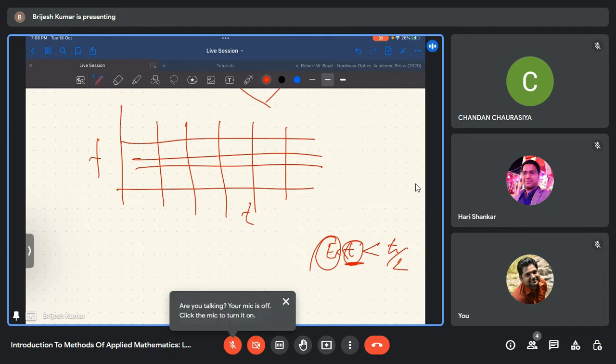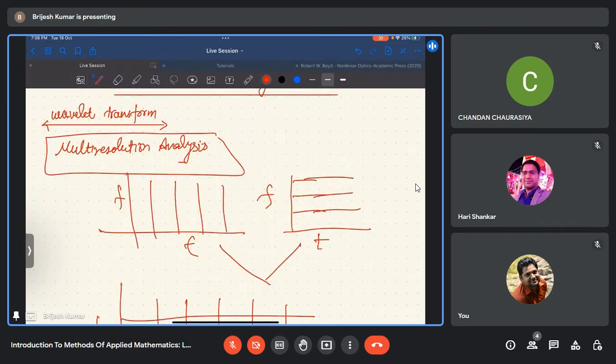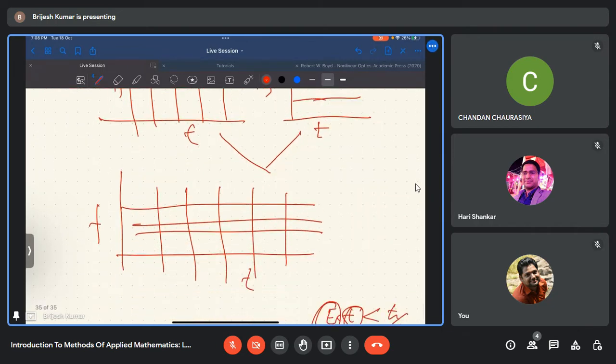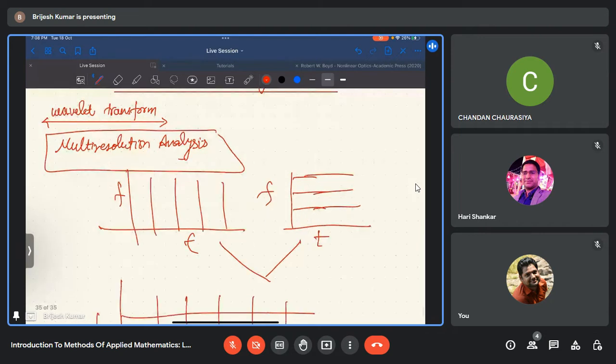So it is possible to analyze any signal by using an alternative approach that is called multi-resolution analysis. Okay, so this name is multi-resolution analysis, which means two resolutions are there, frequency as well as time.